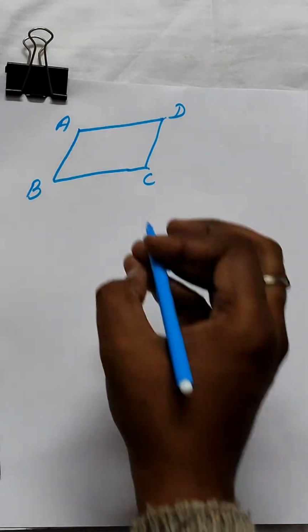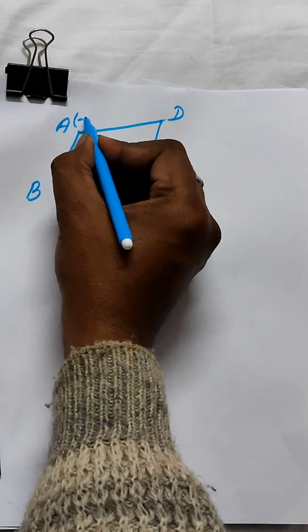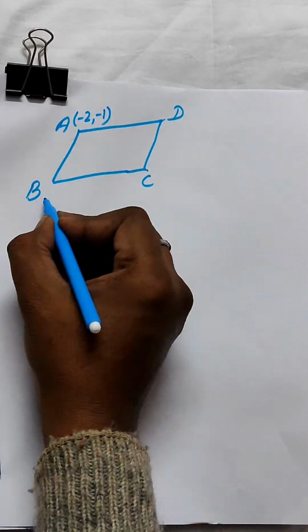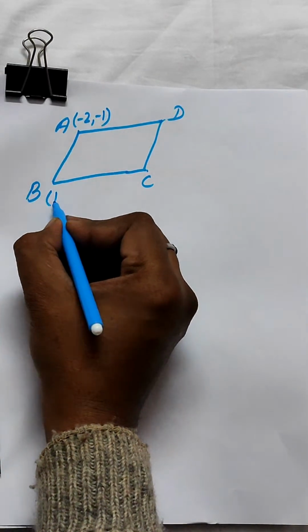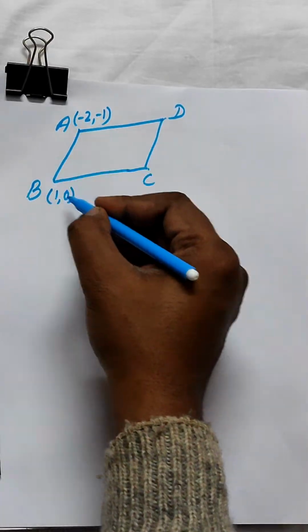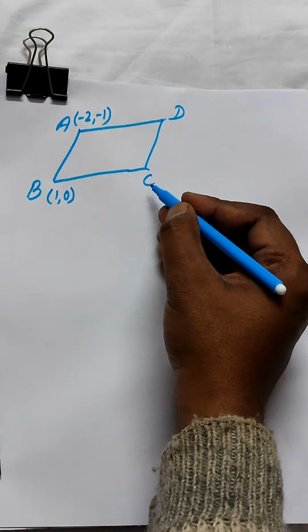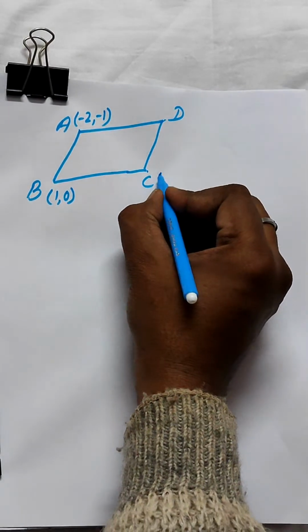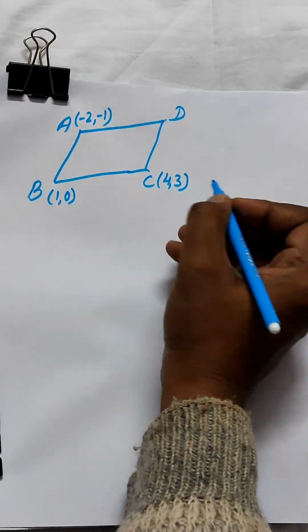Now here the coordinates of A are given as (-2, -1). The coordinates of B are given as (1, 0), because three successive, consecutive coordinates are given in the question. The value of C is (4, 3).